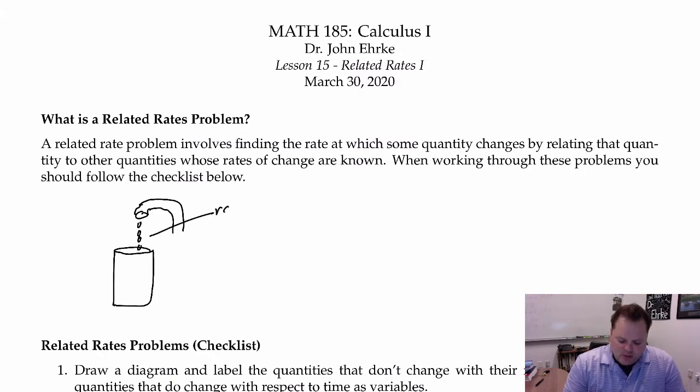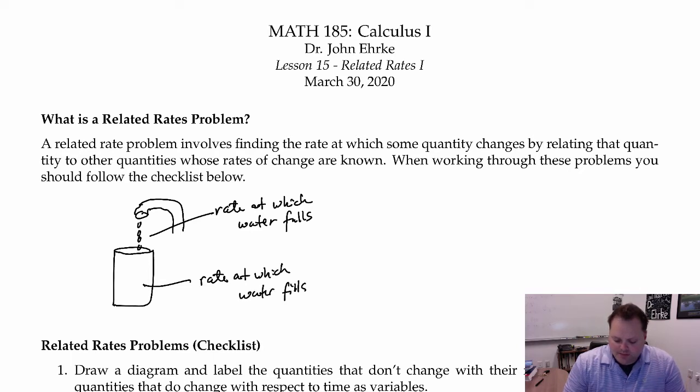The rate at which water falls out of the faucet is related to the rate at which water fills up the cup. And what I'm really talking about is the rate at which the height of water in the cup fills up. So these two quantities are related.